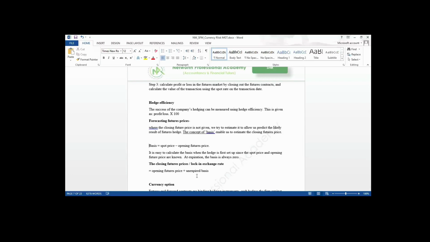The estimated closing futures price becomes the lock-in exchange rate.